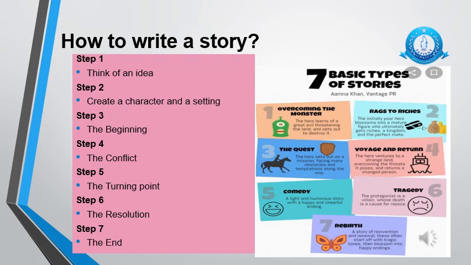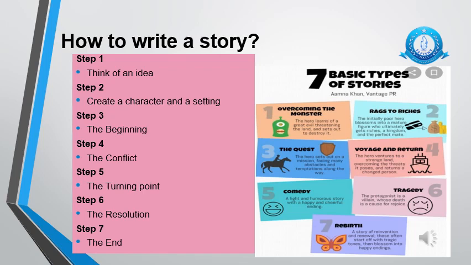At least give 40 minutes daily to your reading. Read a book, read any story, any novel, any newspaper, any article, but start reading books. It will increase your imagination skills. When you read different books, you will get different ideas, and it will help you in writing your story.